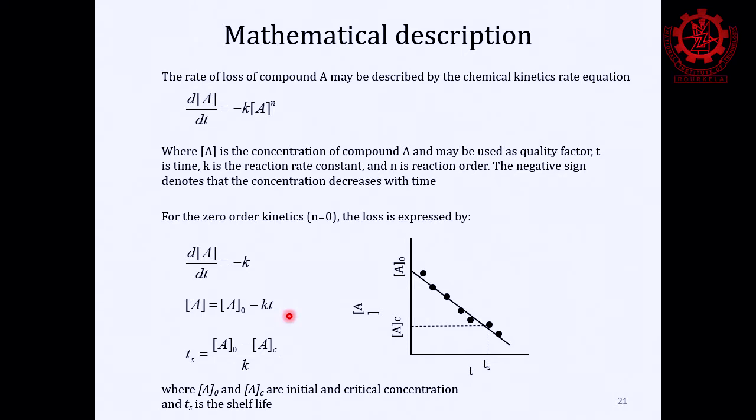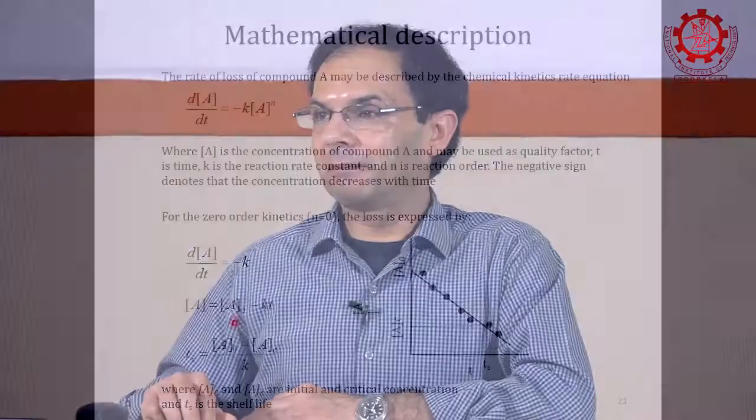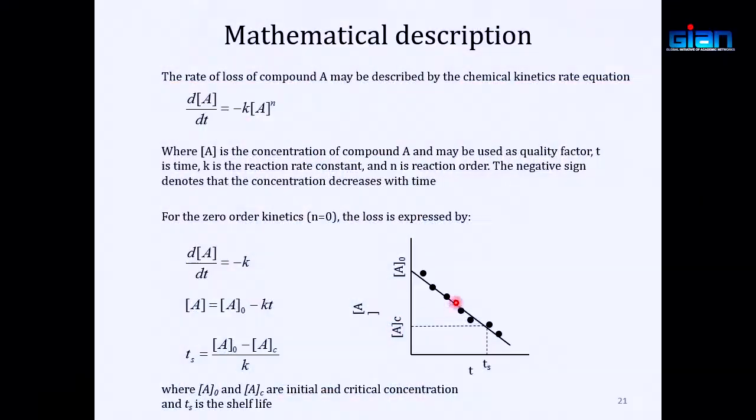So if your shelf life is based on nutrient content, for example, A0 initially is 100 milligram, and on the label you are writing that your vitamin C content is 80 milligram, even though the starting amount is 100 milligram, because you know during storage it's going to come down, and you want to specify shelf life as long as this 80 milligram is there per serving. Then you study the degradation of vitamin C in your product and see how long it takes to go from 100 milligram to 80 milligram, and that will be your shelf life.